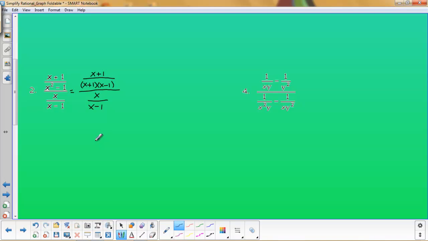Okay? So then clearing the fraction means I've got to write the common denominator in the top and the bottom. So the common denominator is x plus 1, x minus 1. So I'll go ahead and write that across the top, and then again on the bottom.